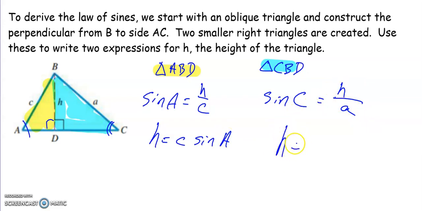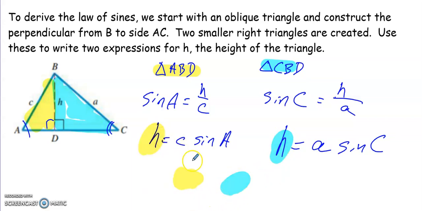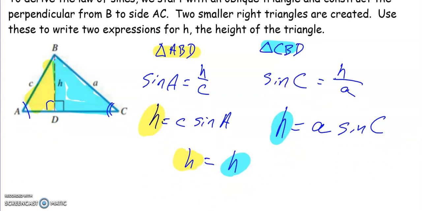Do a little cross multiplying. h times 1 is h. a times sine C. Well, did you notice I've got a yellow h and I've got a blue h? Because they are both h's, that means the yellow h has to equal the blue h because they're both h.